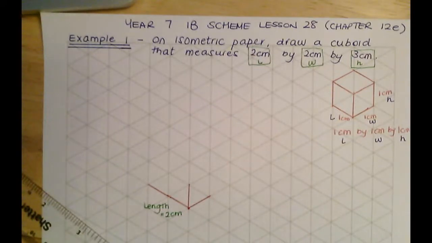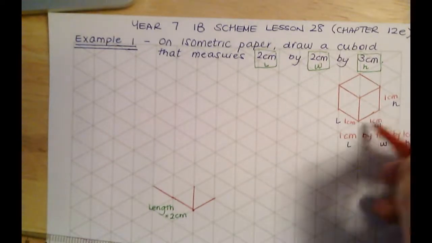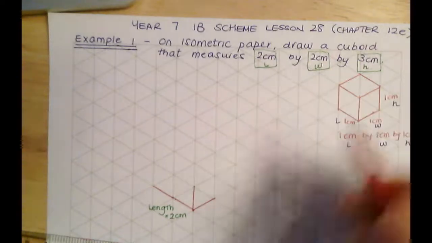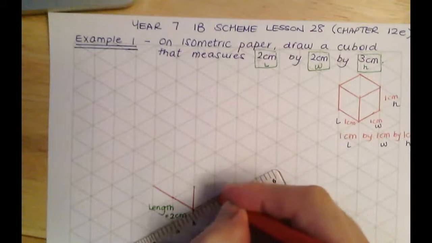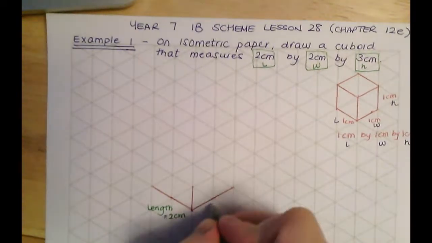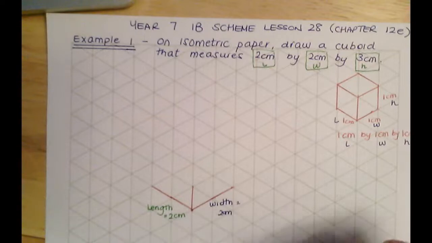My width, again, is going to be 2 centimetres. If you look this way, that's my width, this direction here, is going to be 2. So that's 1. I'm going to add another one in. So my width is again 2 centimetres.